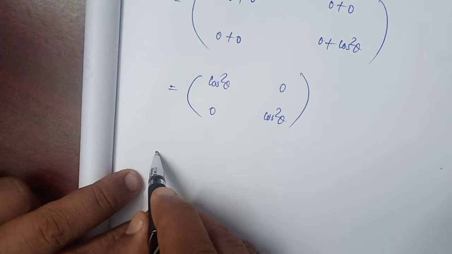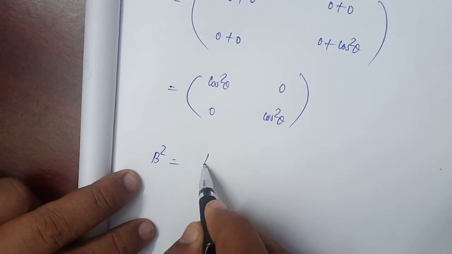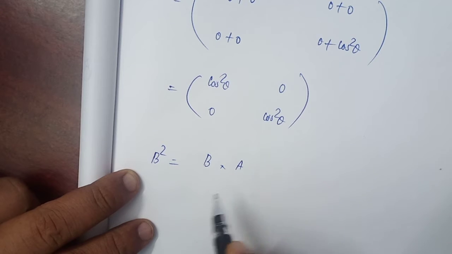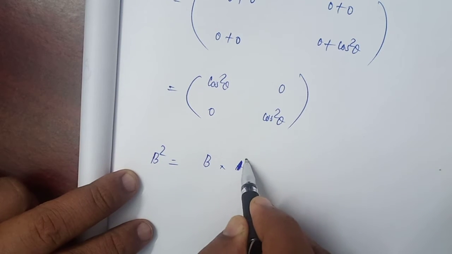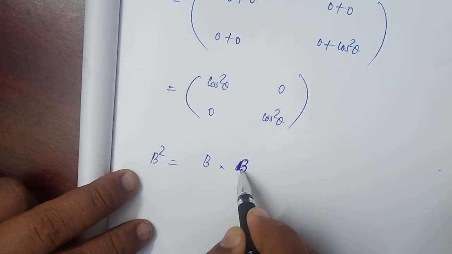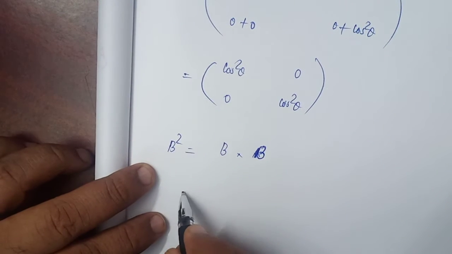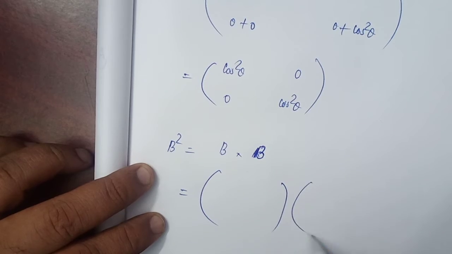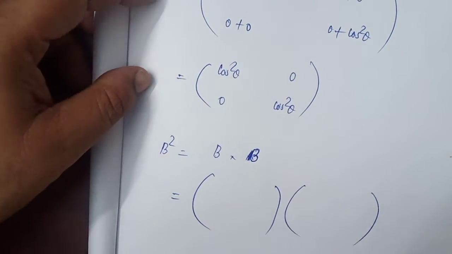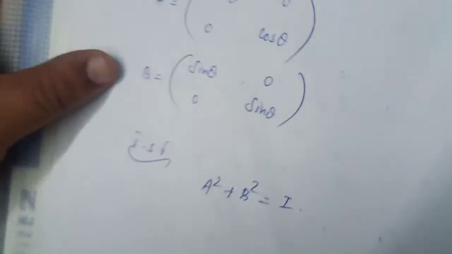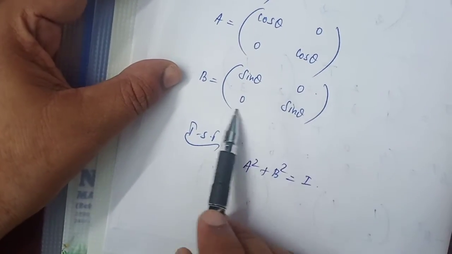Like that you have to find out B square. B square is equal to B matrix into B matrix. B matrix you are given: sin theta 0, 0 sin theta.